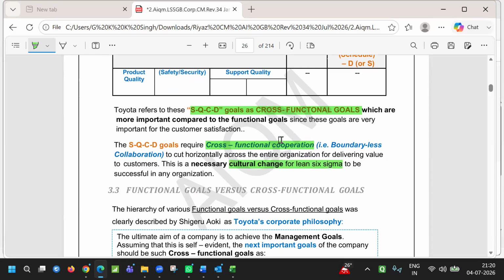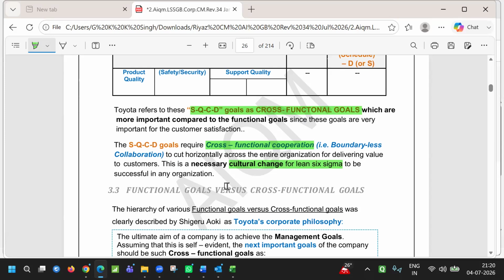Sigma. Otherwise, you will find many times in organizations, people have a tendency to blame each other. The departments tend to blame each other for faults, defects, delays, and so on.